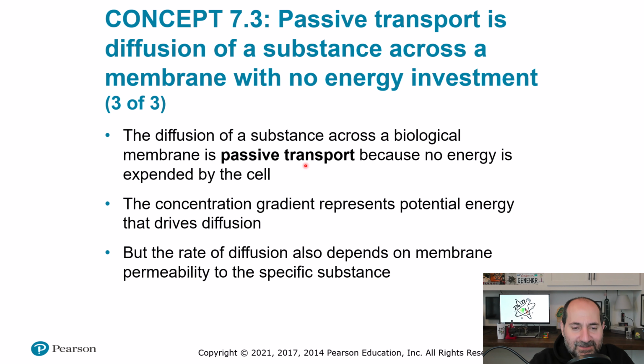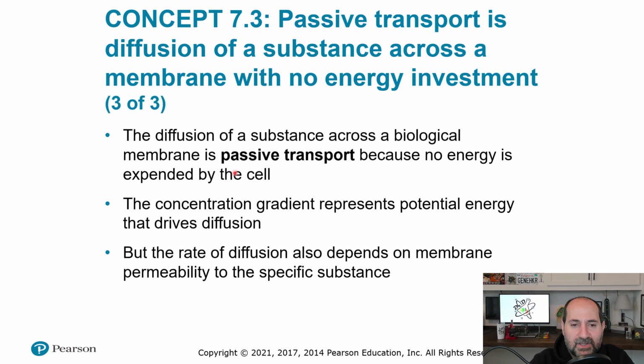Both dialysis, which is the diffusion of solute across a membrane, and osmosis, which is diffusion of water across a membrane, are both examples of passive transport. And tonicity problems as well. Remember how cells react in an isotonic environment, hypotonic environment, hypertonic environment.